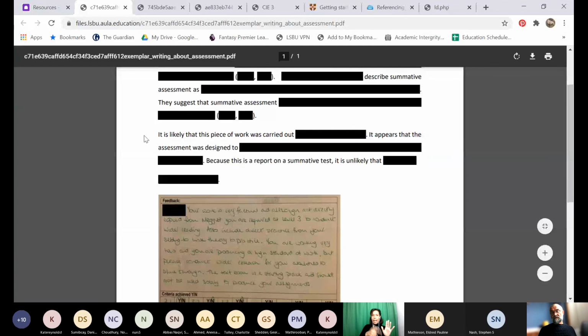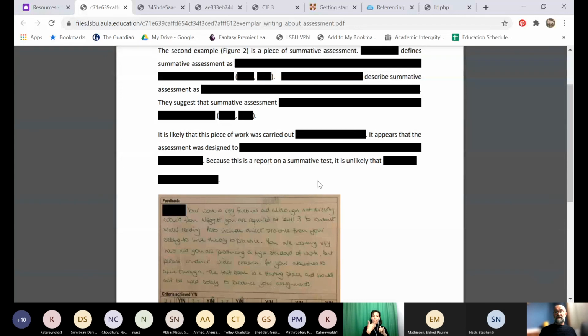The student here has done some guesswork. It is likely that this piece of work was carried out at the end of a unit of work, something like that. It appears that the assessment was designed to, so what was the teacher's purpose in carrying out the assessment? What were they trying to find out?